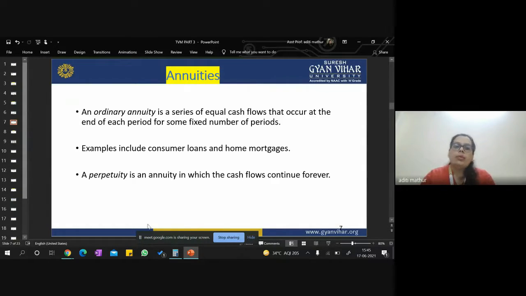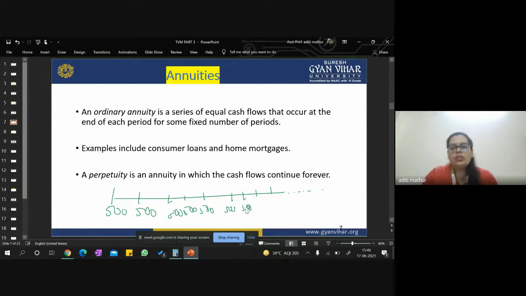We are talking about a series of equal cash flows. That means if it is 500, it is an equal 500 for the entire timeline.